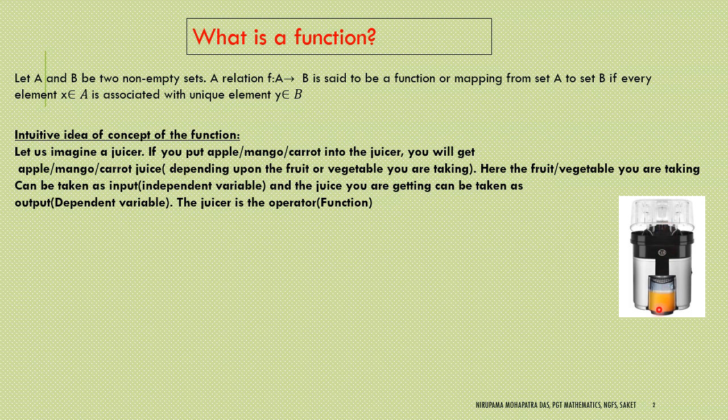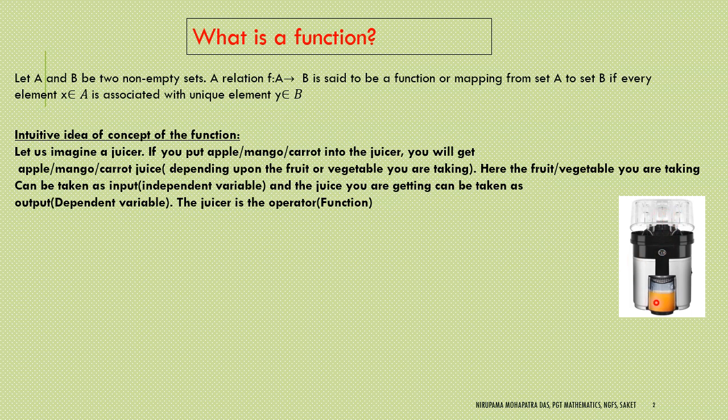Whatever we get as a byproduct is our output. Taking mango is our choice, that is the independent variable. Getting mango juice depends upon the fruit or vegetable we put here.